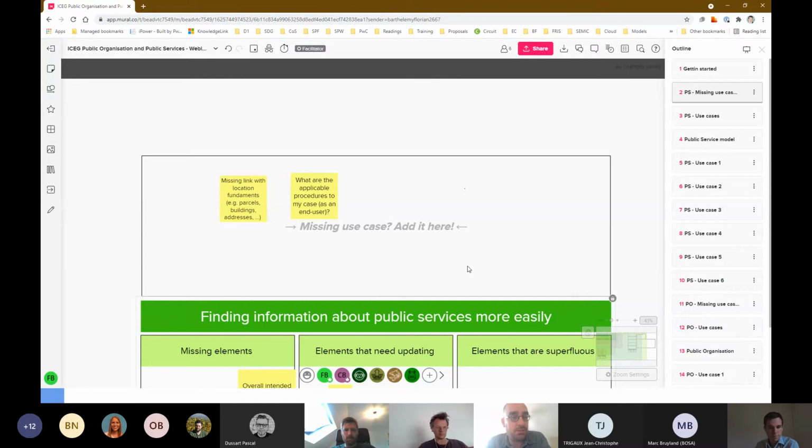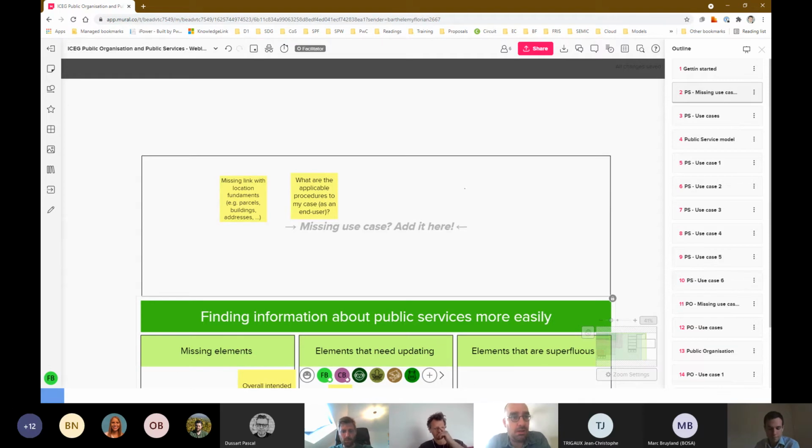Well, for the federal entities, it's easier, but for the spatial range where the service applies, for example, it's a little bit trickier. I've seen spatial information in the model, and I think it was more related to public organization, if I am not mistaken.